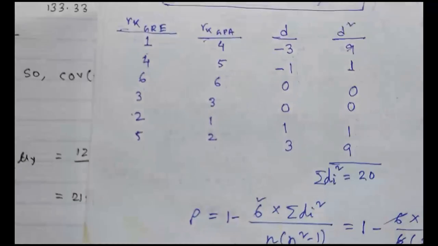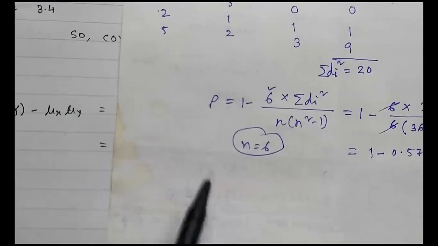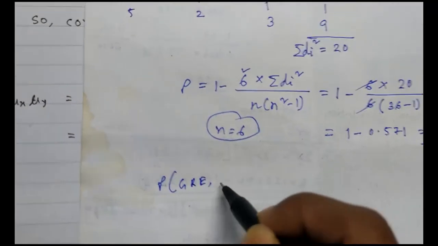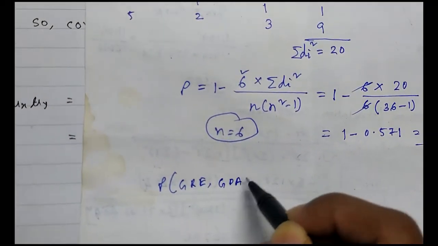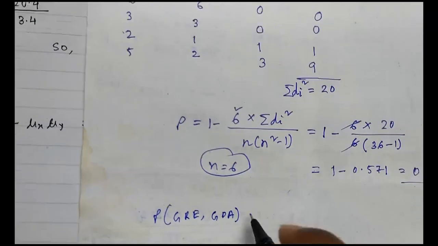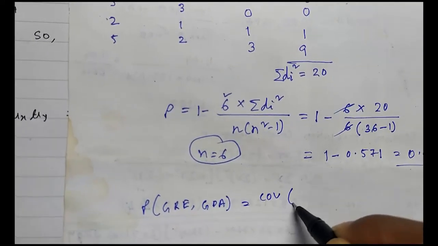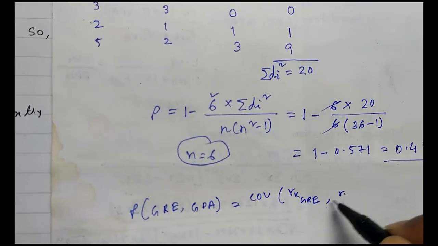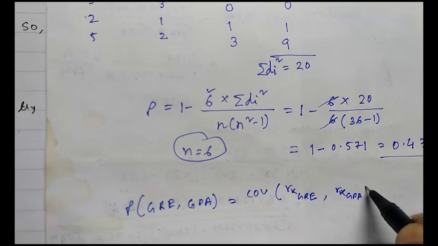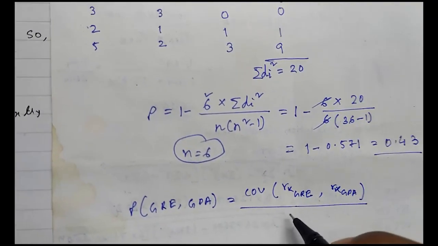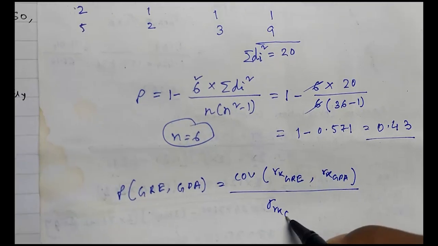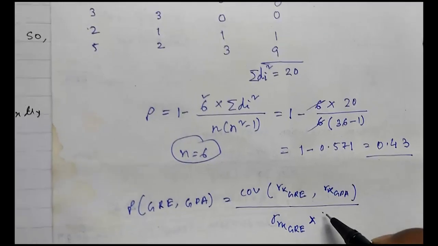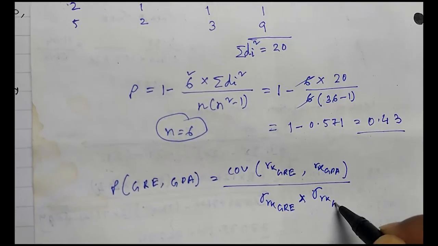If you use that equation, rho between GRE and GPA is the covariance of rank of GRE and rank of GPA by sigma rank of GRE into sigma rank of GPA.